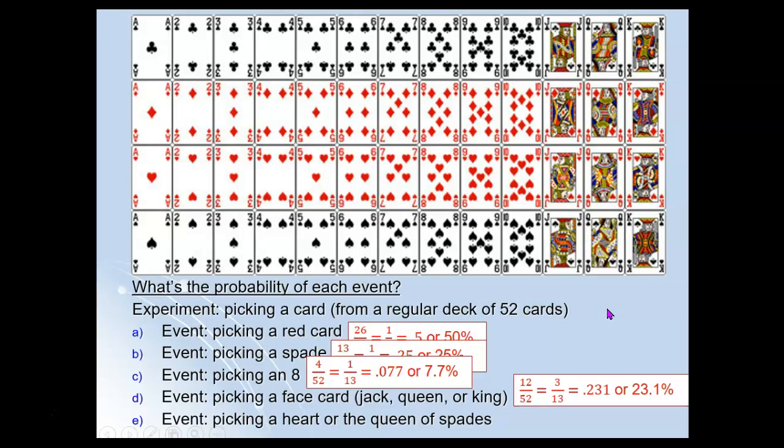So if you're playing some sort of game where you win if you pick either a heart or the queen of spades, your probability of that happening would be 14 over 52, which is equivalent to 7 over 26, or 0.269, or 26.9%.